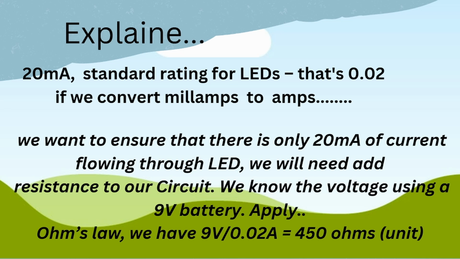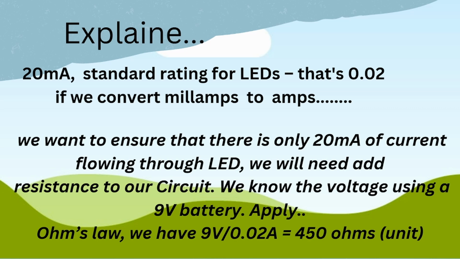Yes, we added a resistor because we are applying Ohm's law. So the voltage is 9 volt, applying Ohm's law, 9 volt divided by 0.02 ampere, because we converted the milliampere into ampere. The result is 450 ohms.